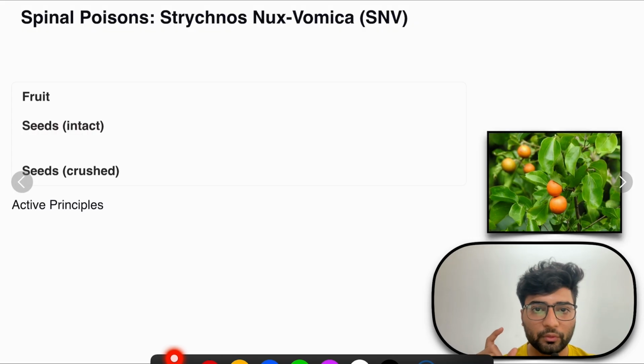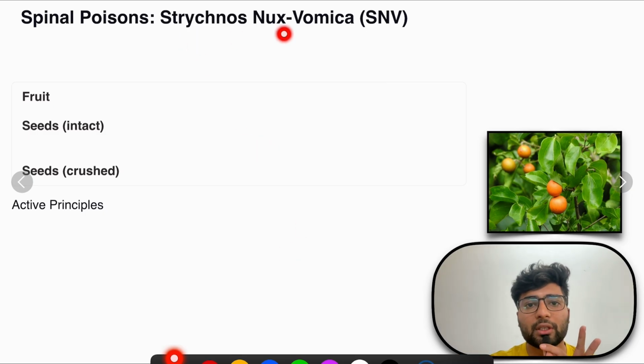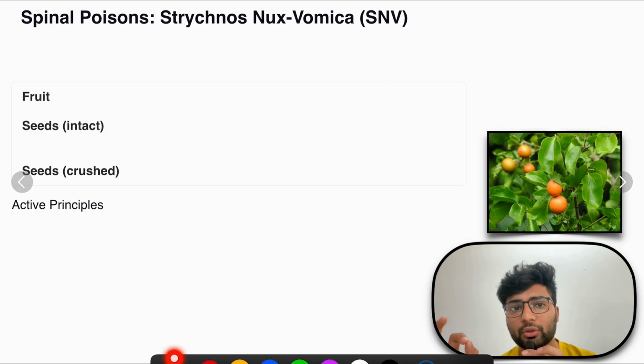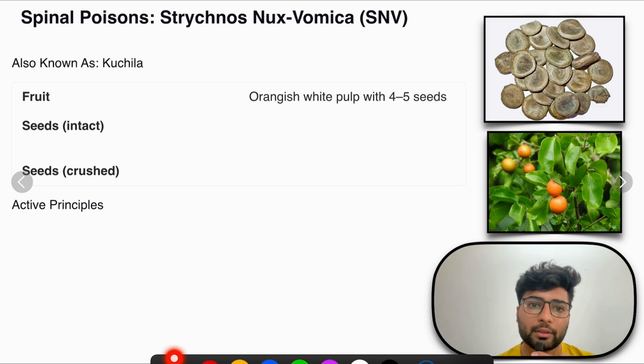The first one is the plant Strychnos nux vomica. The pronunciation is a little bit difficult, so we'll try it again: Strychnos nux vomica. And the active substance in this plant, as I told you, is strychnine.